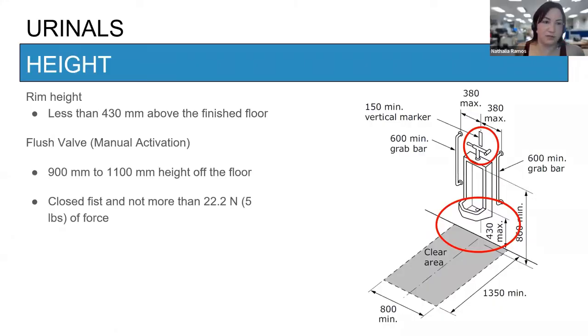So urinals, rim height has to be less than 430 above the finished floor. The flush valve, if it is a manual activation, 900 to 1100 height from the floor, always activated using a closed fist and not more than 5 pounds of force.